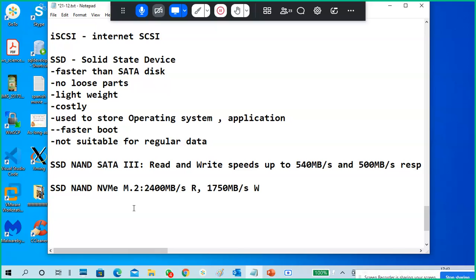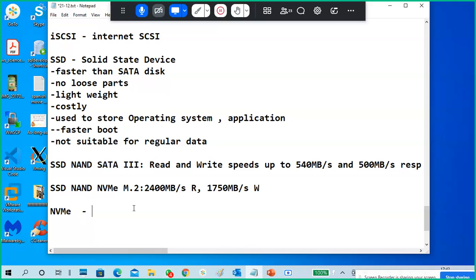Also, NVMe means non-volatile memory. It's not a hard disk type. It is non-volatile memory, just like RAM type, but it is non-volatile. The data won't be lost.